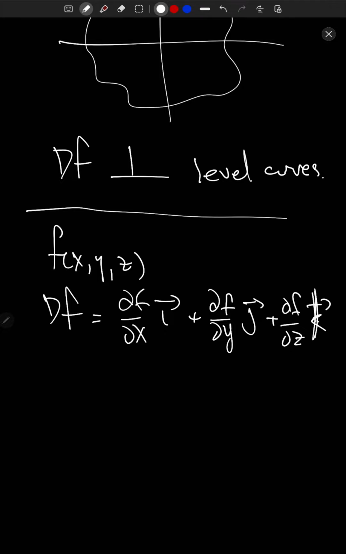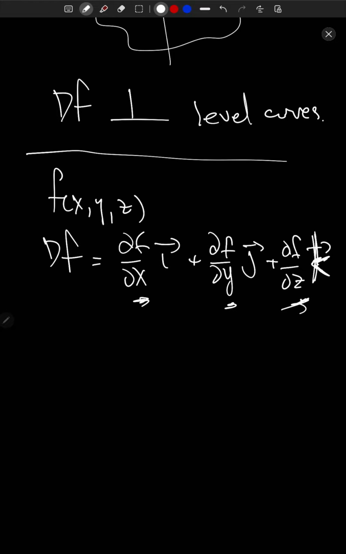Okay. And then if you want to extend to more variables, you just keep on going. All right, same idea. But yeah, d/dx, d/dy, d/dz, all corresponding to their particular coordinate entry. Okay, steepest ascent, steepest descent, literally the same idea.